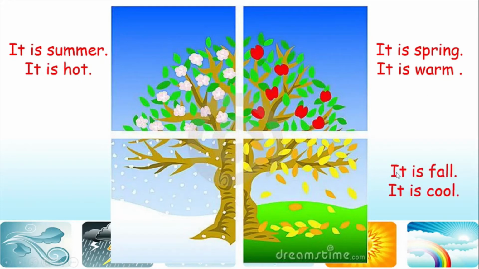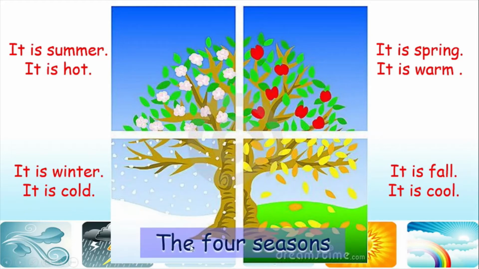We have here fall. It is the time when the leaves fall down from the trees. The air during this time is cool, and it's preparing for winter. And it is winter, and the air during this time is cold. These are the 4 seasons.